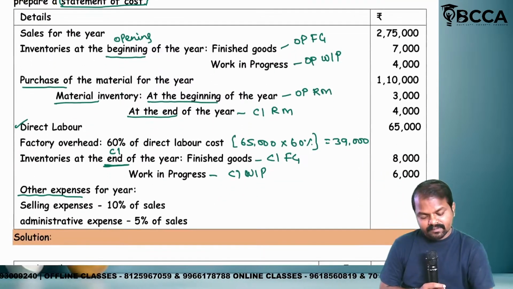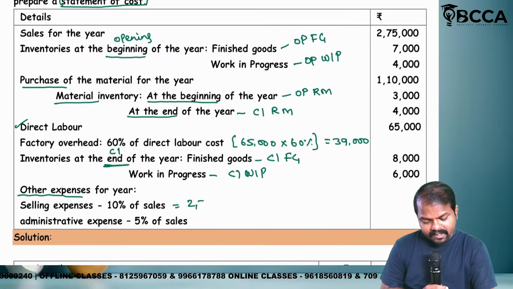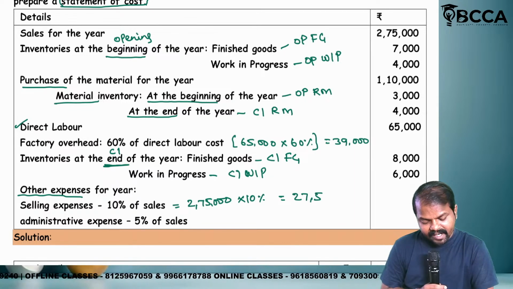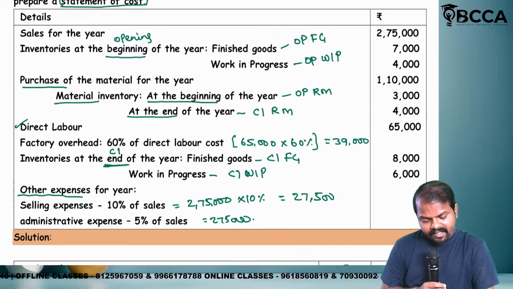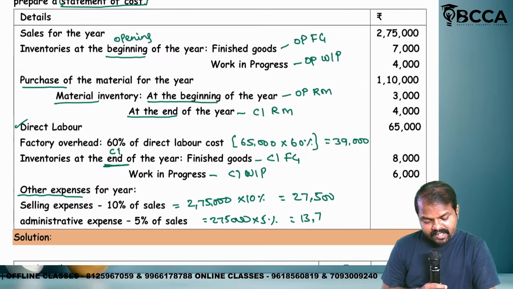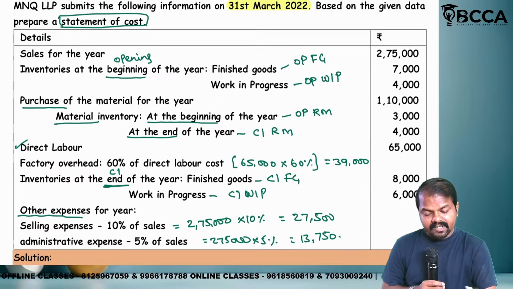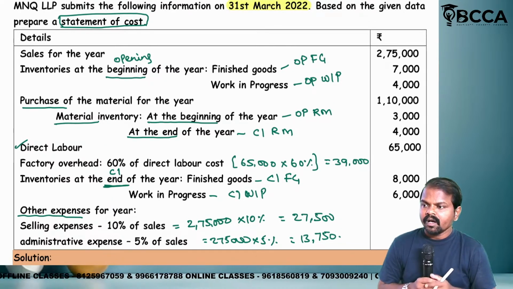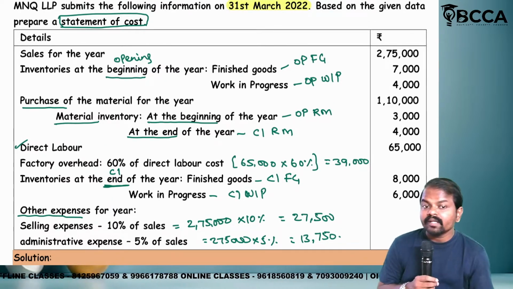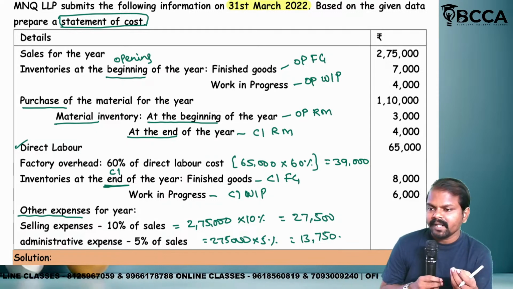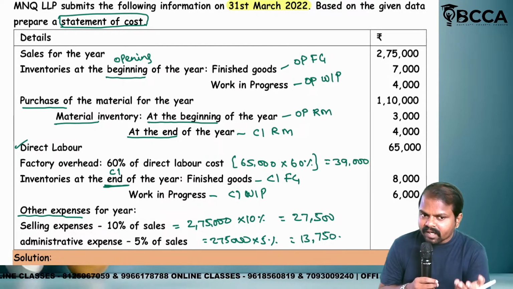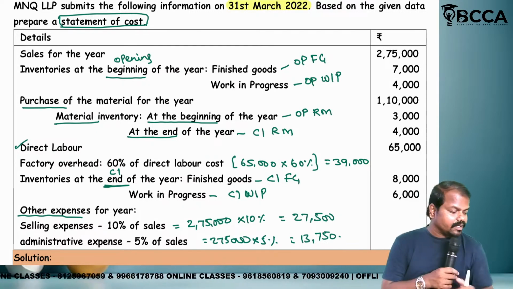It means 2,75,000 into 10% is 27,500. And 2,75,000 into 5% is 13,750. These are the data. With the help of the given data, they are asking to prepare a statement of cost or cost sheet. Correct?